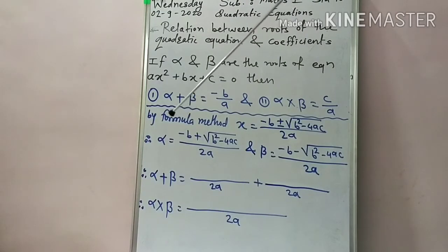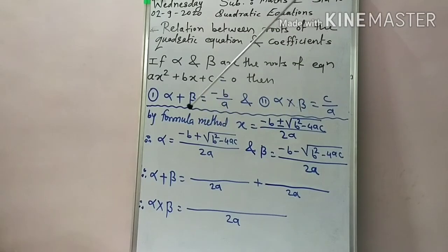As we know, by the formula method, the roots we can write using the formula x equal to minus b plus or minus square root of b square minus 4ac upon 2a. As we separate these two values, one root we consider as alpha and the second root we consider as beta.